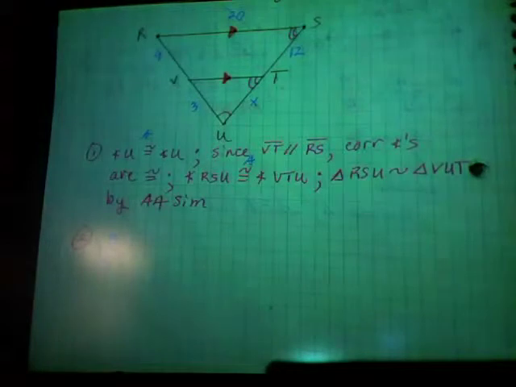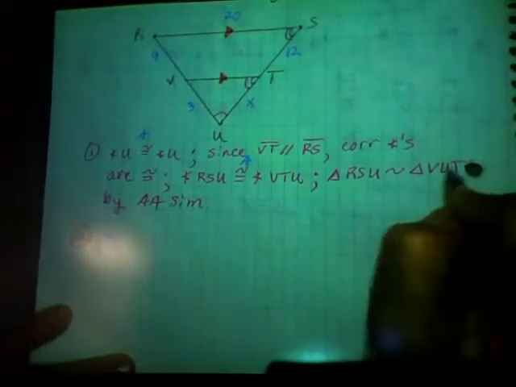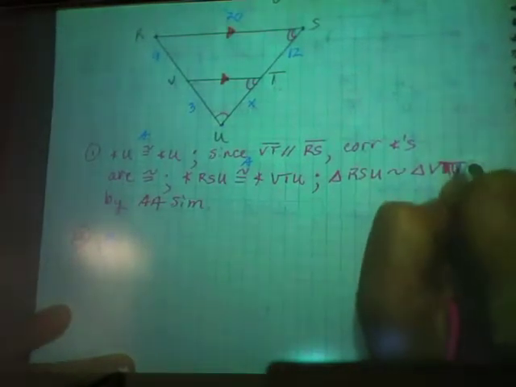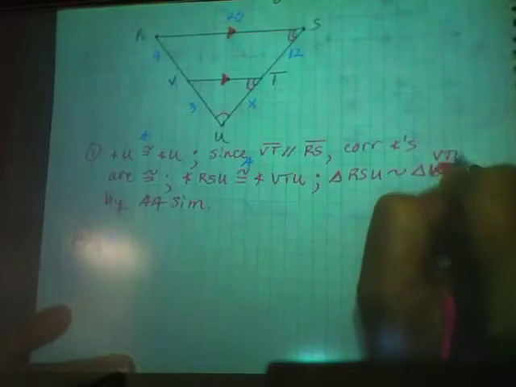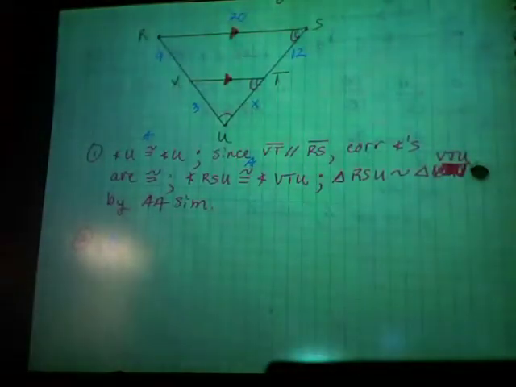You said RSU, and when you say VT, oh yeah, thanks. So RS, you're right, this is T. I was choosing the wrong one, huh? Let me just write that above. VTU. Good catch. Oopsies. All right, so I'm going to go biggest to small.